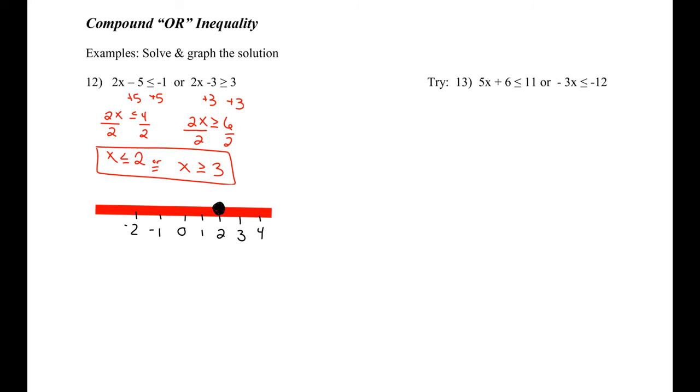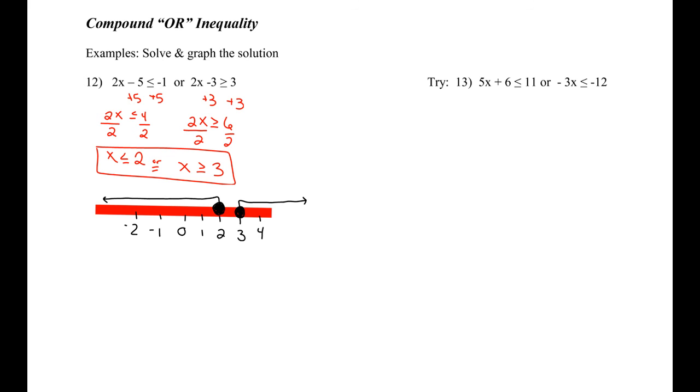And I'm going to shade towards values that are less than 2. For x is greater than or equal to 3, again I'm going to have a closed circle, but they're values that are greater than 3, so I'm going to shade to the right. Just like compound and inequalities always shade in between, compound or inequalities should always be pointed in the opposite direction.